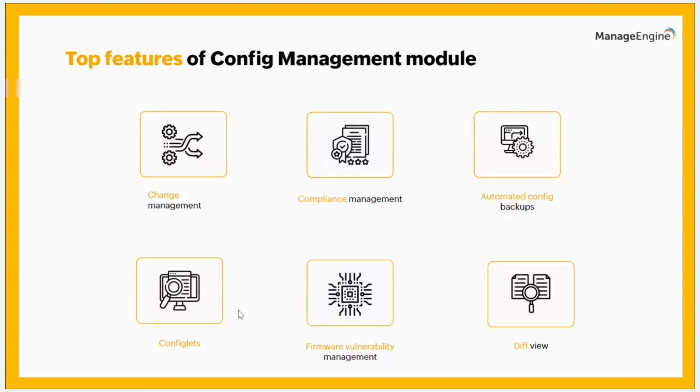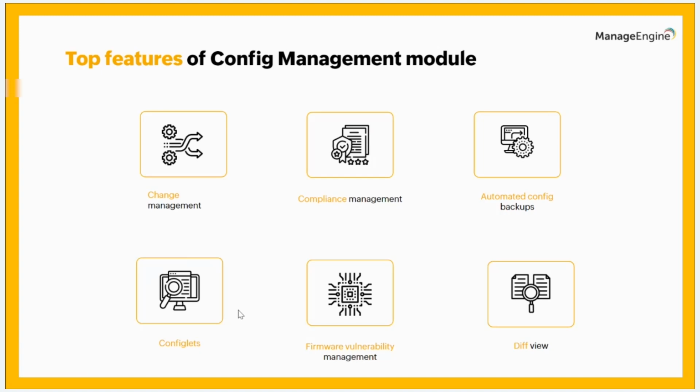The automated config backup feature prevents network issues and performance degradation of business critical devices by automatically backing up their configuration changes. The configlets feature will help you make a bulk change in your network, like changing passwords on multiple devices by just executing a script template.